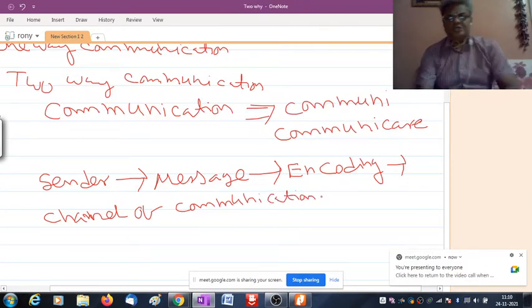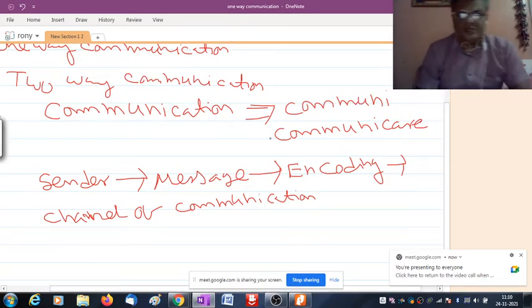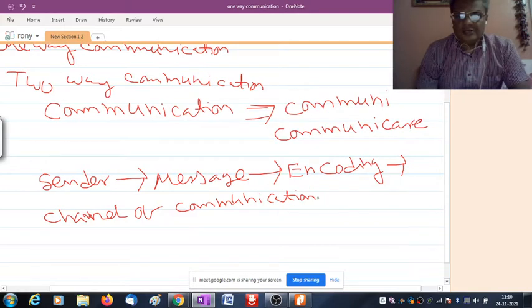Now, what channel will I use? Whether it will be an audio medium, a video medium, or written material, I need to decide, and after that it will go to the receiver.